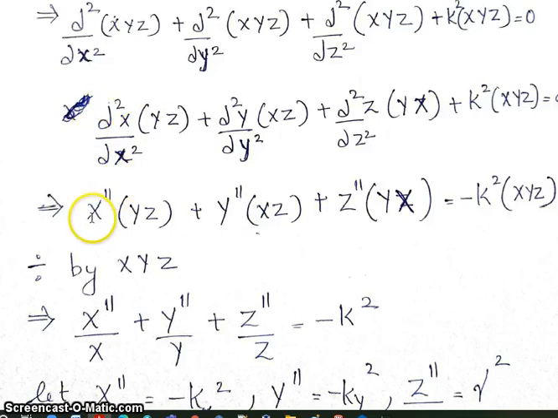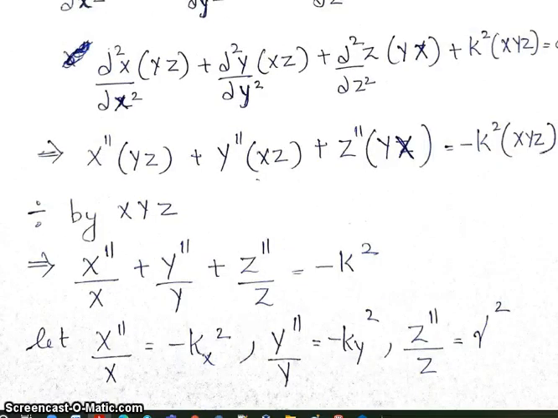So I can write X double dash into YZ plus similarly Y double dash into XZ plus Z double dash into YX is equal to, taking this term to the right hand side, minus k² XYZ. The next step, I am dividing the entire terms by XYZ.